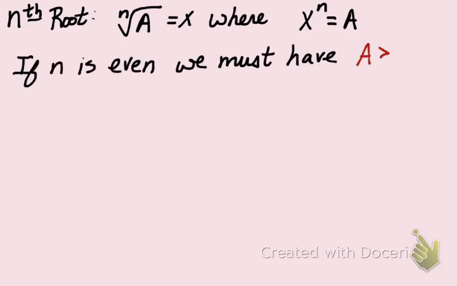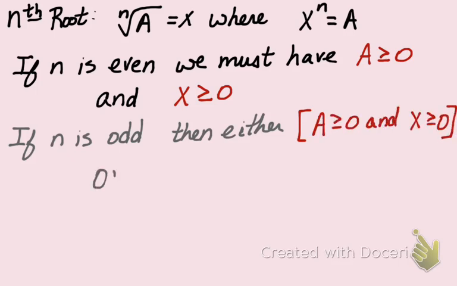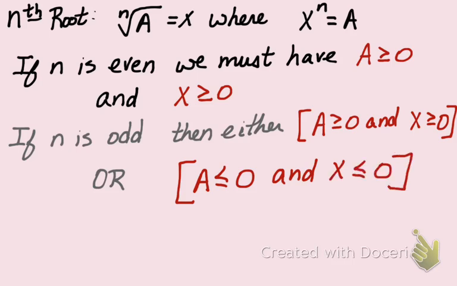If n is an even number, we must have both a being a non-negative number and its nth root also being a non-negative number. If n is odd, then we either get both a and its nth root non-negative, or both a and its nth root being non-positive.